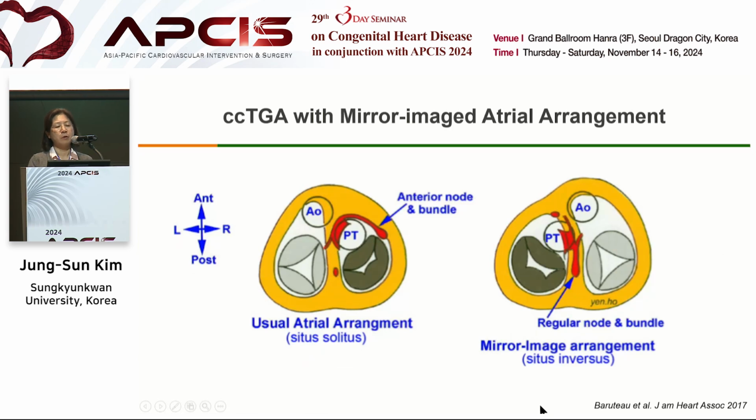Another variation of the atrioventricular conduction tissue location in corrected TGA is the mirror-imaged atrial arrangement. In this case, the atrial and ventricular septa are also relatively better aligned. This allows the regularly located posterior AV node at the apex of the triangle of Koch to continue in normal fashion to the atrioventricular bundle.